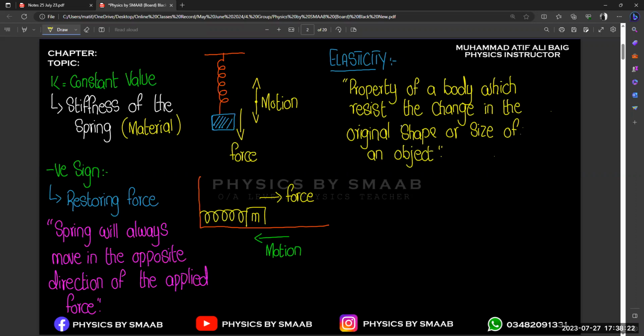You may also write that it is a property of a body that helps the body to restore its original shape or original position, right? So that is the concept of elasticity. Okay. All right, sir.